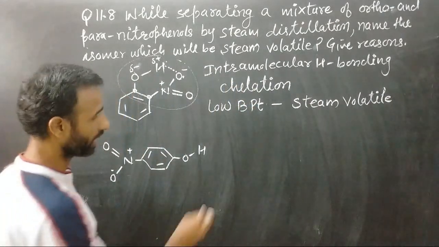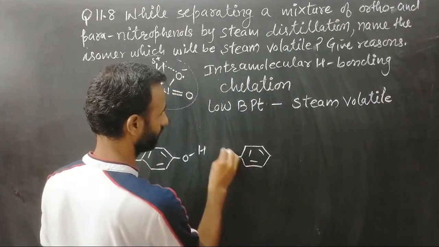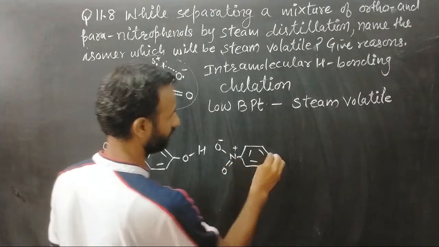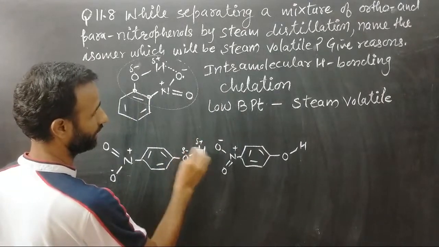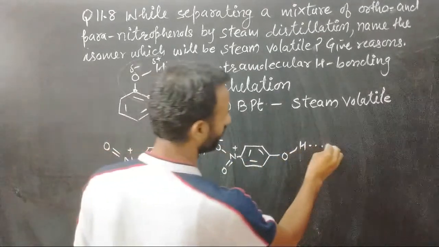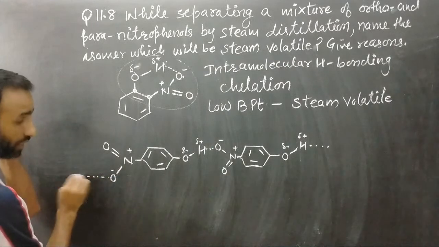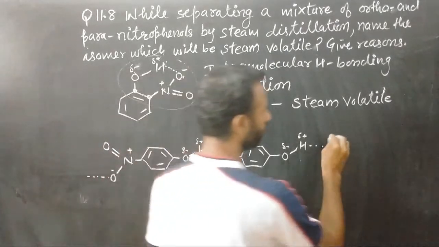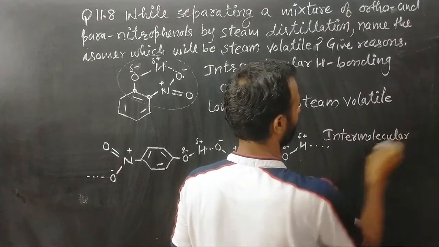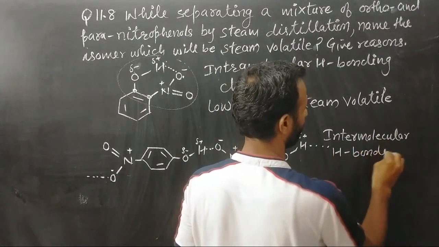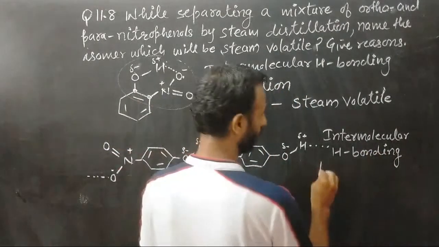But in case of paranitrophenol, there is intermolecular hydrogen bonding, and due to intermolecular hydrogen bonding, its boiling point is high.